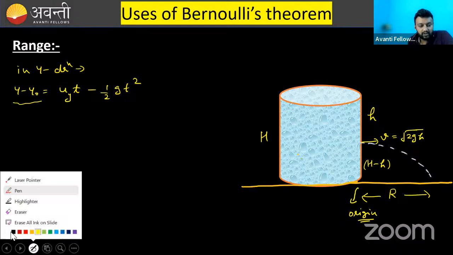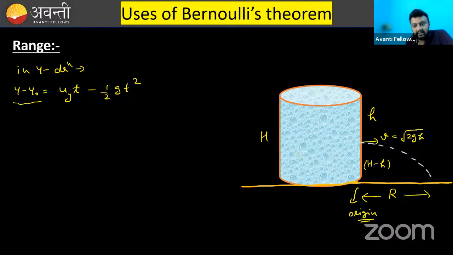I will place the values. The final position is 0 minus H minus h. This displacement is equal to the velocity of the liquid, which initially is in the horizontal direction. So there is no component in the vertical direction, so this term is 0, minus half gt square.